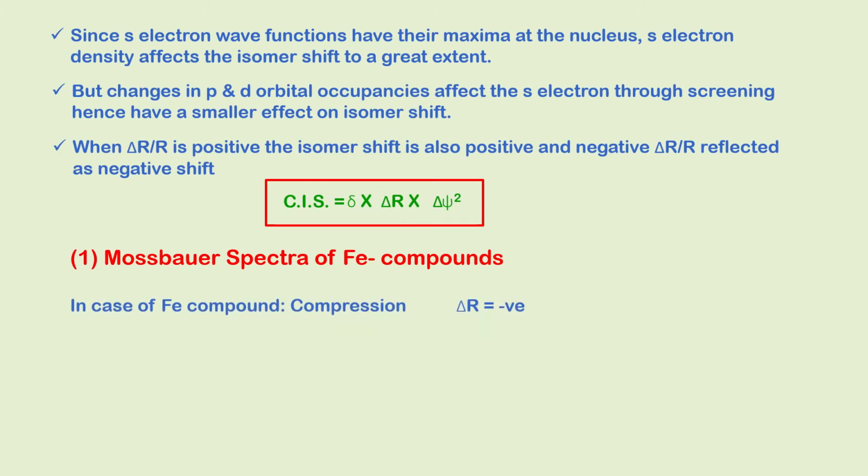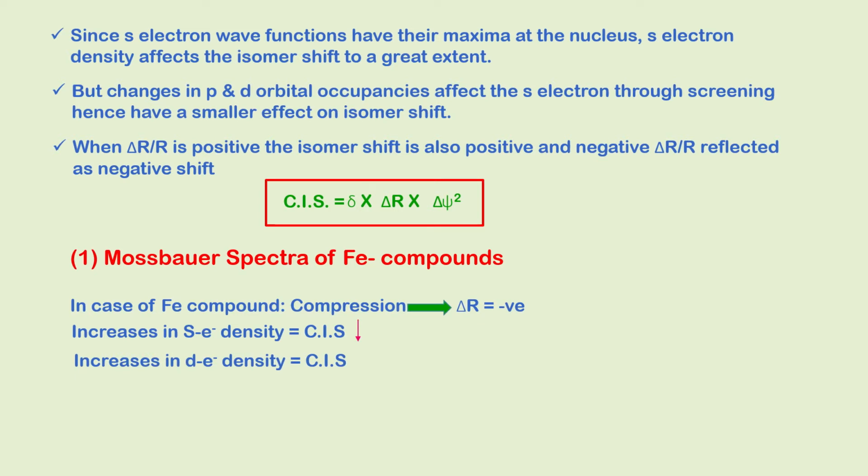In iron compounds, on contraction, the value of delta R is negative. Here, an increase in s electron density decreases the CIS. An increase in d electron density increases the CIS. This we have to remember.